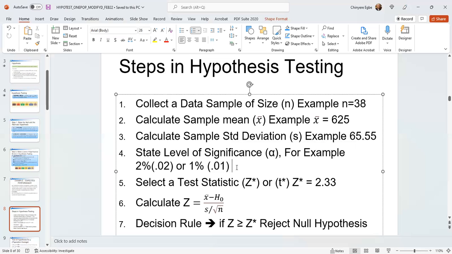realize that half of the distribution equals 0.50.